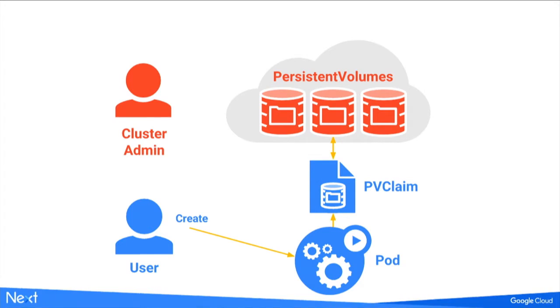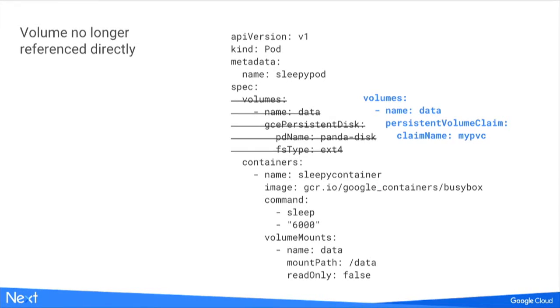So now we end up with this happy state where the user creates a pod, and in the pod they say which claim they want. I think I have an example of that YAML file as well, and this is what that looks like. The pod that we had before, if you remember, had that GCE persistent disk, that Panda disk. At that point, we had to make the assumption that Panda disk already exists and that it's already been procured and set up.